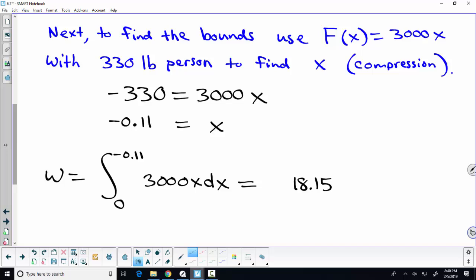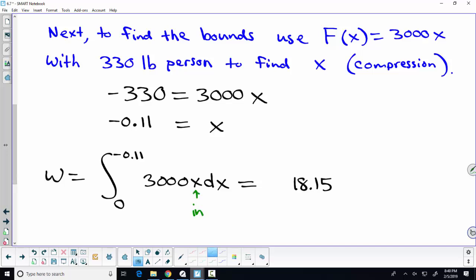Pounds per inches squared. The spring constant, it's constant, has no units. X, amount of compression, how are we measuring that? Inches, yeah, so X has units inches.